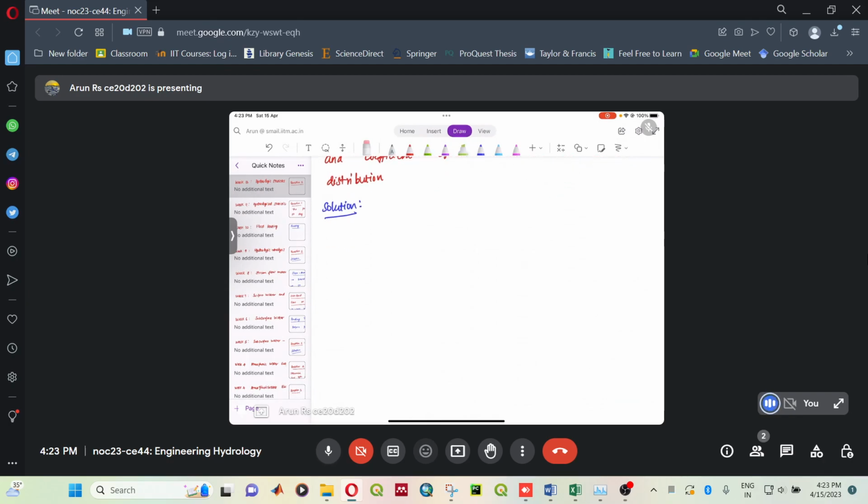So we already know the mean for exponential distribution. For exponential distribution, the mean is nothing but the expected value of x, that is given by 1 by lambda.